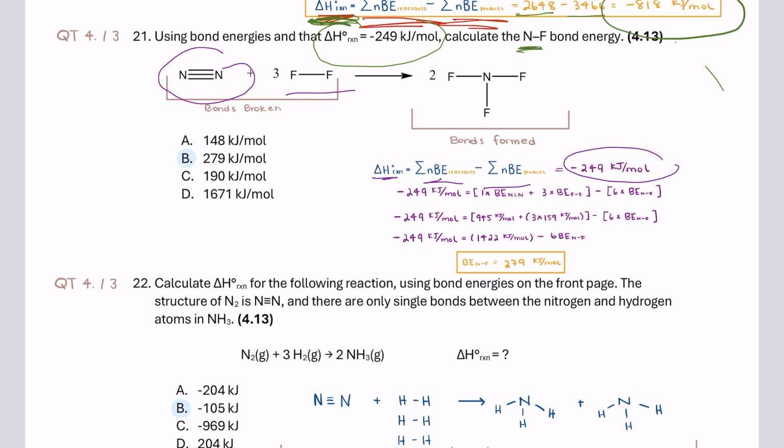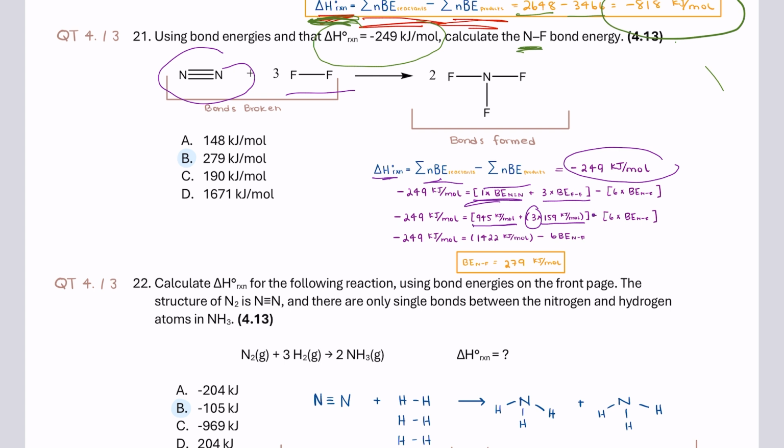So the bonds broken are 1 nitrogen triple bond and 3 fluorine-fluorine bonds. This is going to be equal to the bond energy for the nitrogen triple bond, which is 945 kilojoules per mole, and the bond energy for 3 fluorine-fluorine single bonds. That is going to be 159 kilojoules per mole for each one. We multiply that by 3.